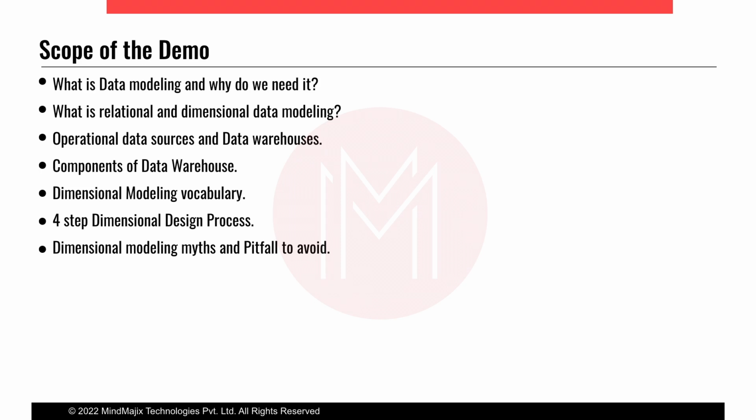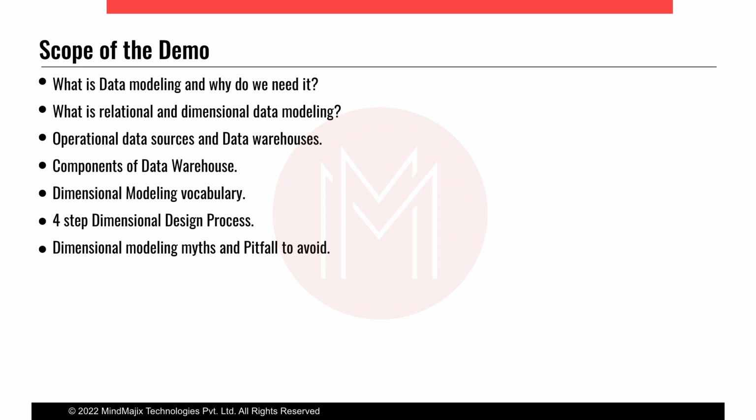Data is spread, and all the departments have a different way of storing the data. So it's very important to collect the data from all these systems so that it can be placed in a single central repository.